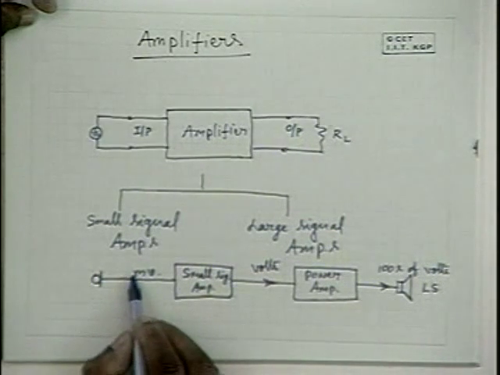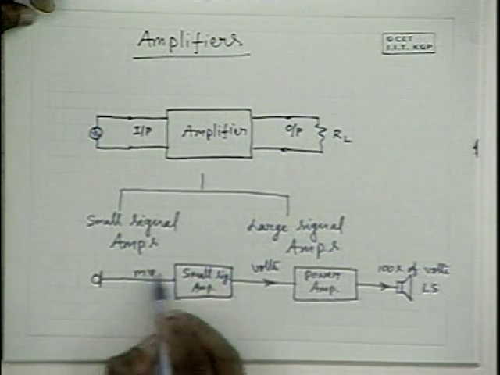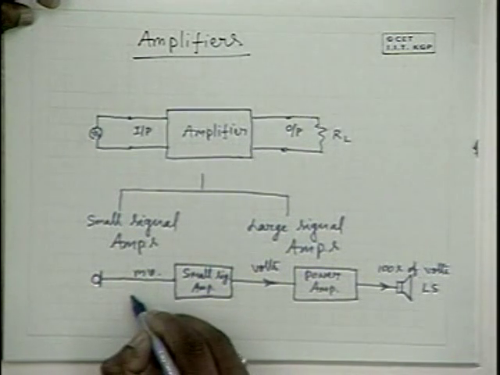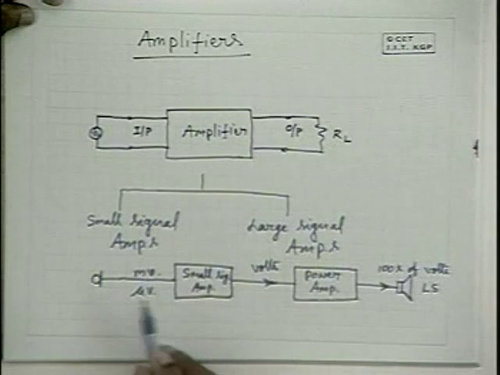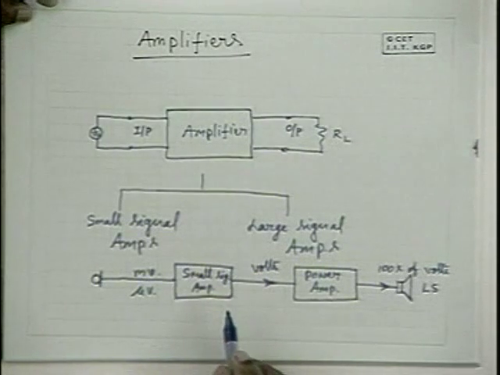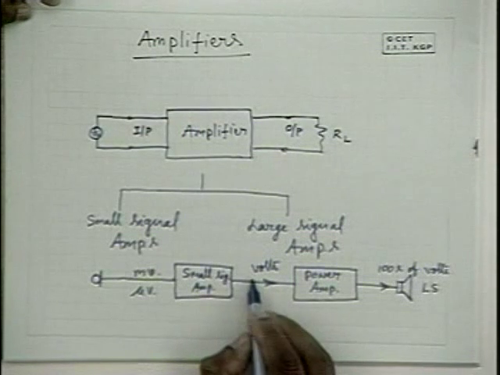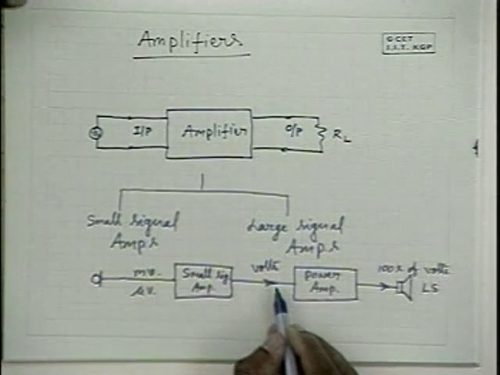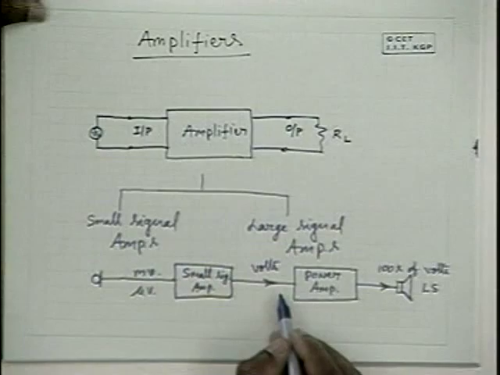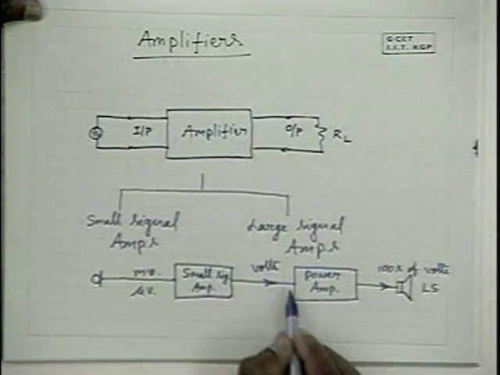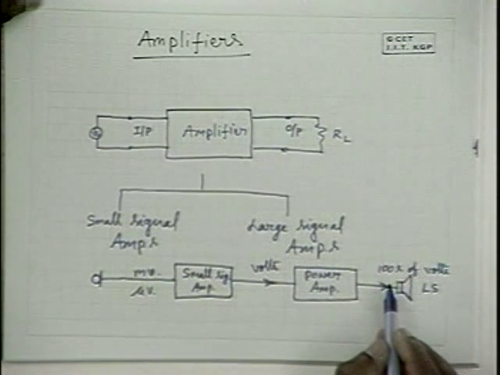As I mentioned, small signal amplifiers take signals of the order of millivolts and microvolts and give sufficiently high outputs, whereas large signal amplifiers use volts or tens of volts at their input, and give a much higher voltage at the output. I am referring to the alternating signals, not the DC supply.